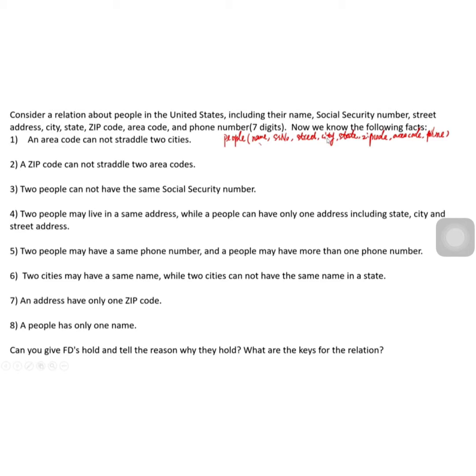Maybe you write FDs like this: area code functionally determining city. But this city is the city name. In the relation, city means city name. From the sixth fact, we know two cities may have the same name, so a name cannot identify a city.